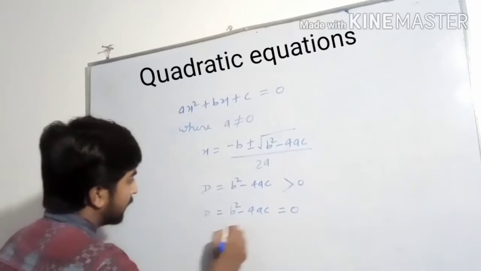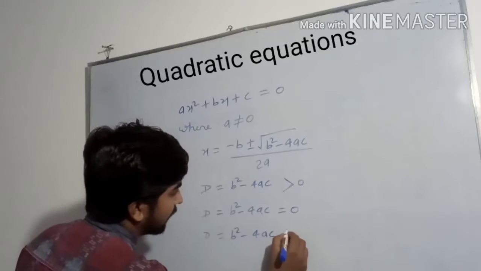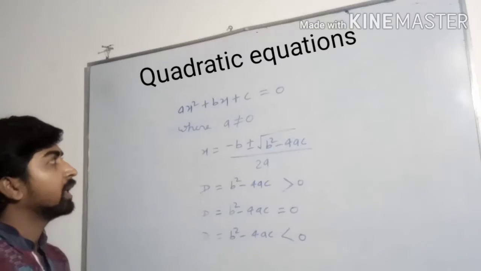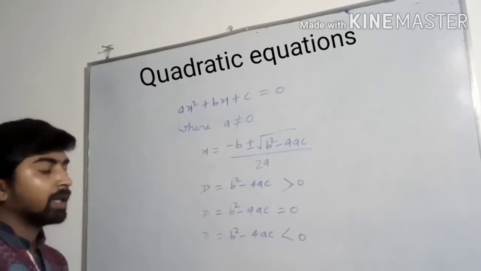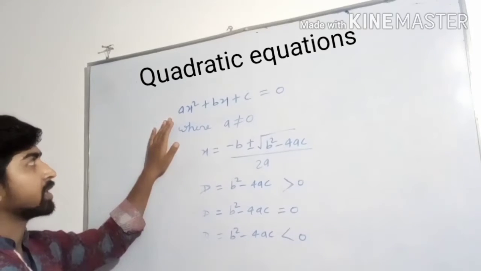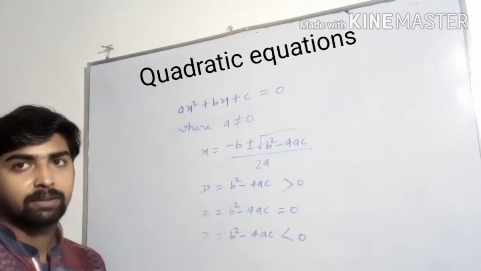When D = b² - 4ac is less than 0, it means that when the discriminant of this quadratic equation is negative, then the roots of this quadratic equation are complex and distinct.